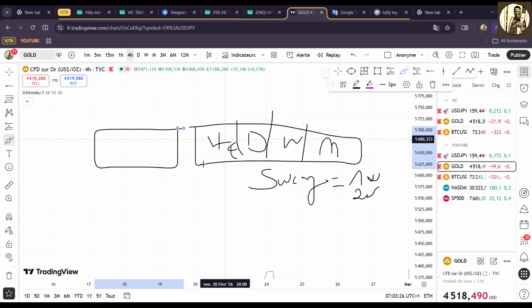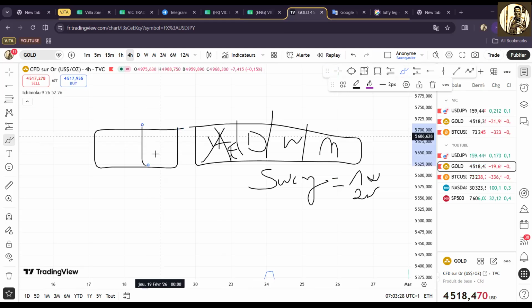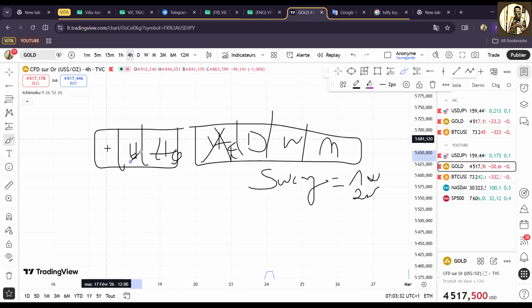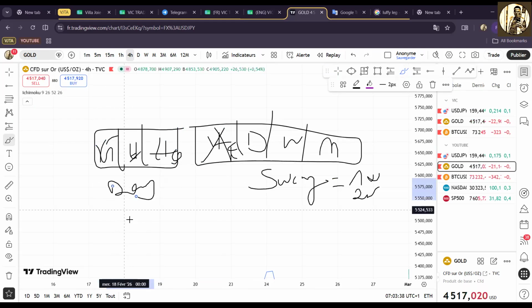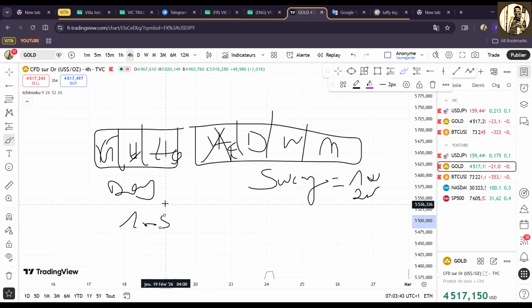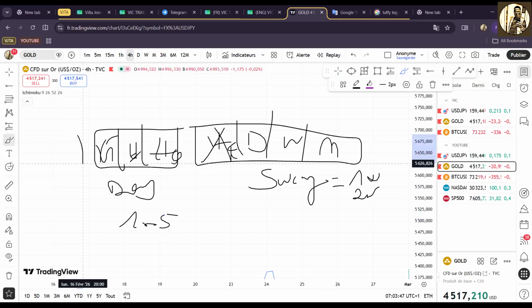And then for day trading, let us remove H4 here. Let's put H4 here. H4, H1, 15 minutes, right? This one is day trading. Day trading is when you hold a position for 1 day to 5 days, okay, maximum. And then the remaining ones are 5 minutes and 1 minute.